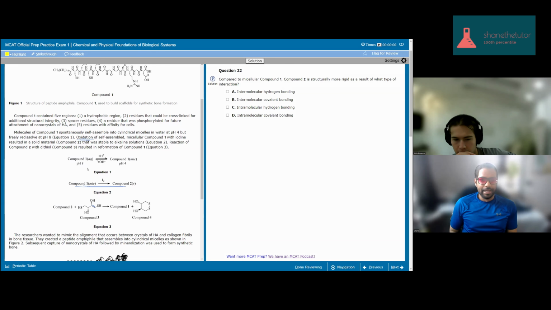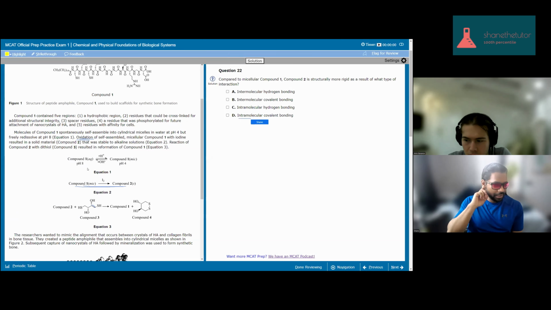So why isn't this intramolecular covalent bonding? This is a bit of an exception, because we consider this whole thing to be one molecule. If we have another one of these bound to it, the bond will be between the molecules rather than within, so it's intermolecular covalent bonding.